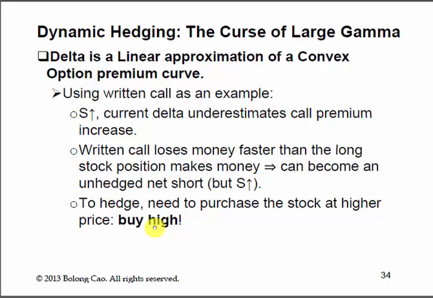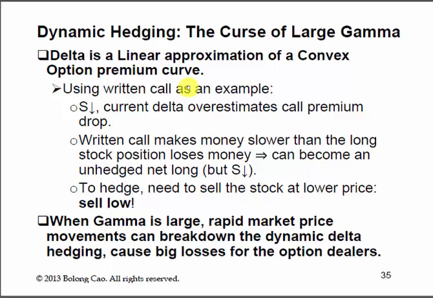As the price goes up, they not only adjust for the new delta, but the original delta, the current delta is not enough to compensate for the increase in liability, so they actually need to buy more to achieve a complete hedge.